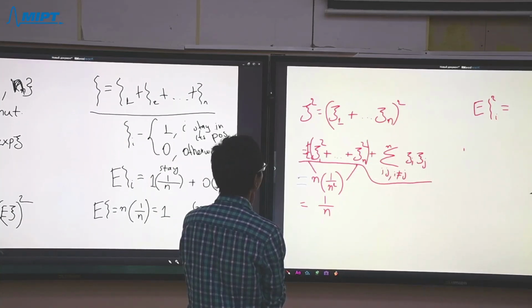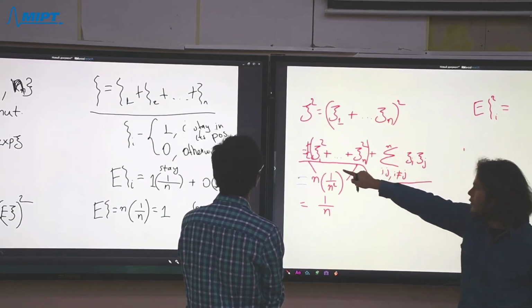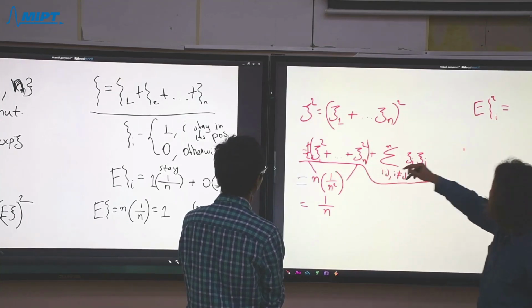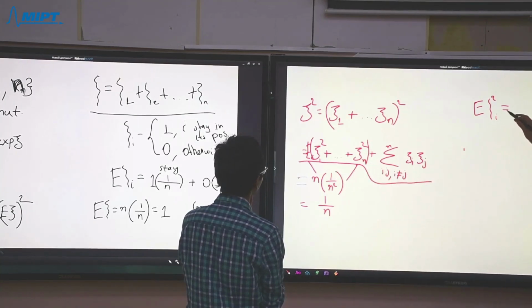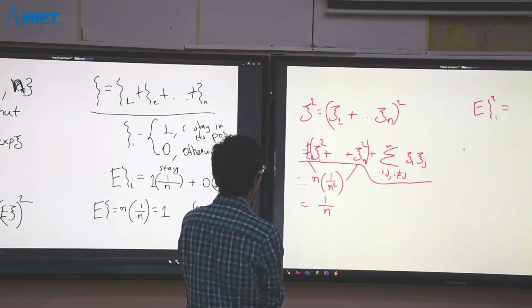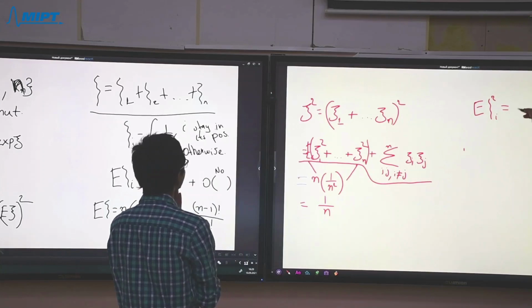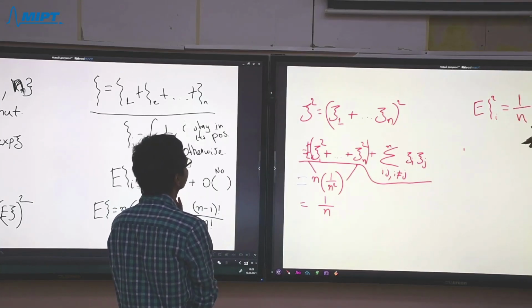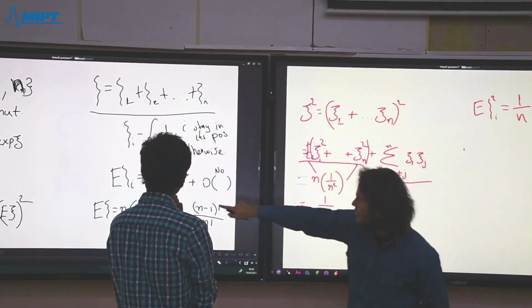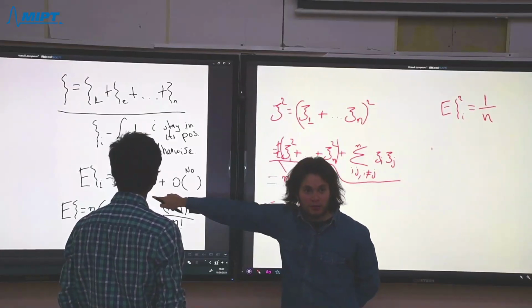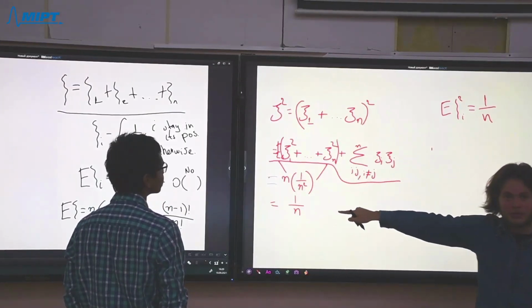Now we need to find the expected value of each of these indicator random variables here. So we have the expected value of psi i squared, which is what? Well, 1 over n, right? Because we only have i, so 1 over n. So the same for here, it doesn't change.